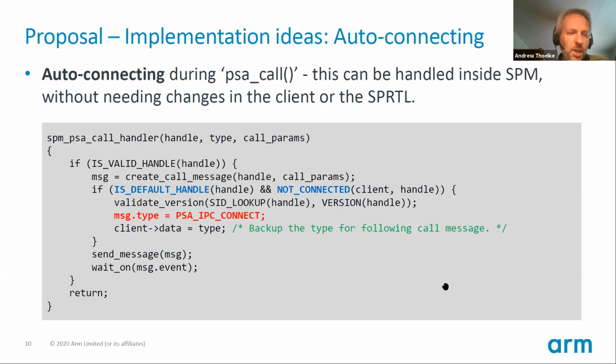And at that point, if the handle is a default handle and it's not currently connected, we would then verify the version from the handle and in fact switch the message to being a connect message followed by the request message. So it would then deliver the first connect message to the secure partition. Once the partition replies to the connect message, it will immediately deliver the actual request message to the partition without returning to the client.